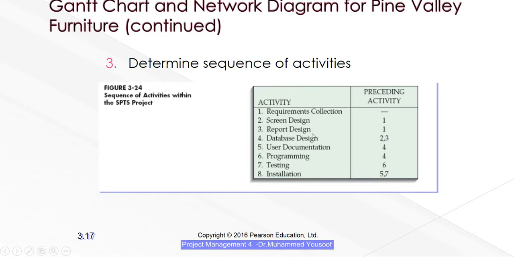Then these 2 tasks you can do simultaneously, maybe independently, in parallel. Once you finish these, you will go for this one. Then these 2 tasks can be done in parallel. Then you can go for this one and this one. So this is the sequence of activities that you are going to follow.